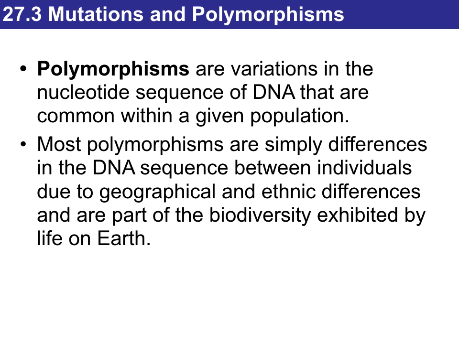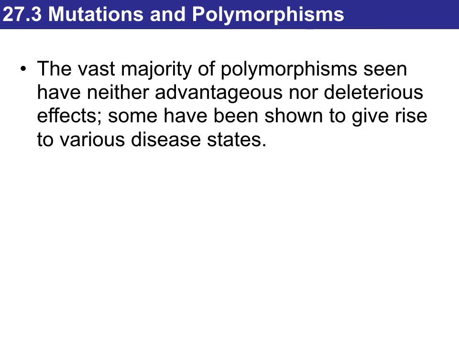Another important point in that lecture is polymorphism. Those are variations in the nucleotide sequence of DNA that are common within a given population, making every person very unique. So it's just differences in the sequence of DNA between individuals, and this depends on their geography, where they live, ethnic differences, and this is what really makes the biodiversity that exists on Earth.